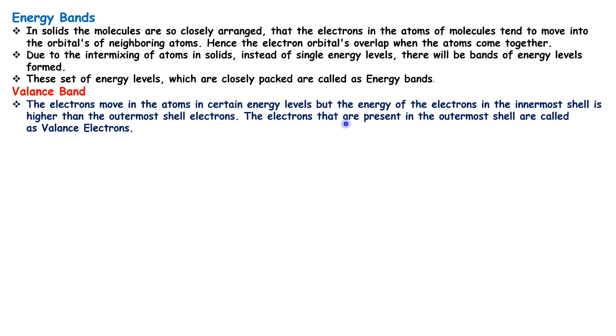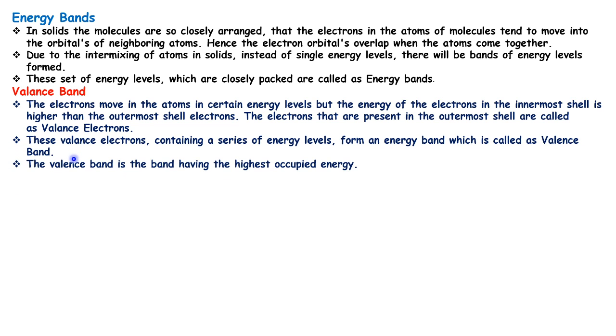The electrons present in the outermost cell are called valence electrons. These valence electrons, containing a series of energy levels, form an energy band which is called the valence band. The valence band is the band having the highest occupied energy.